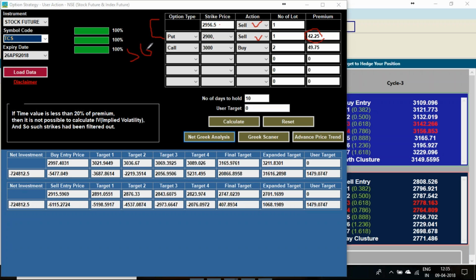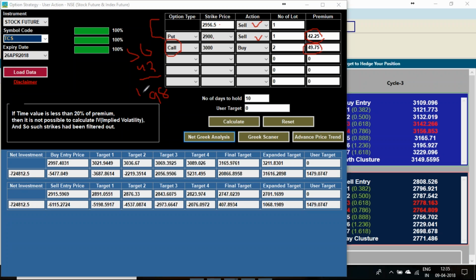So 56 plus 42, I have pocketed 98 points of time value in this. Then I am buying a call option of 3,000, two lots, near to 50.